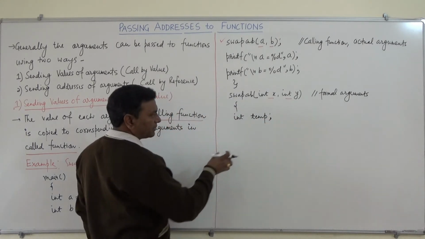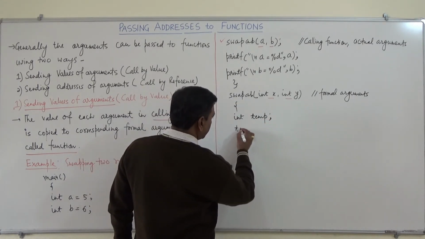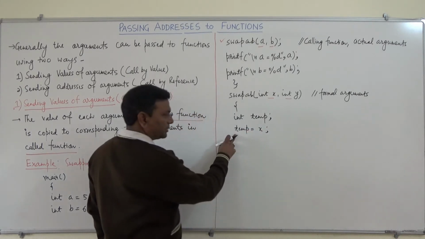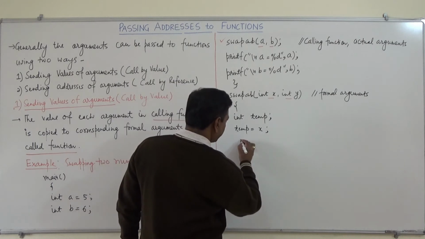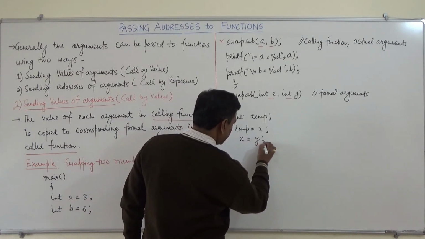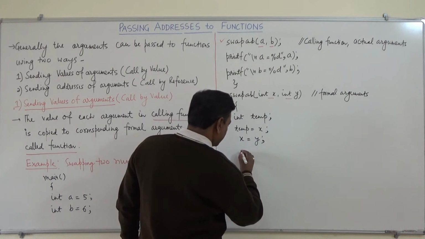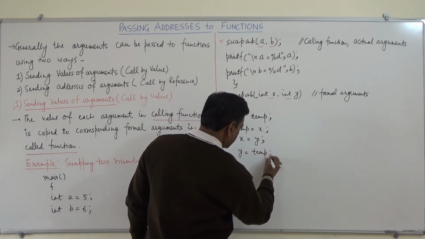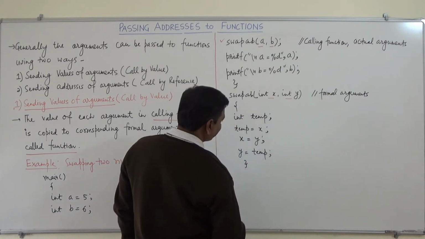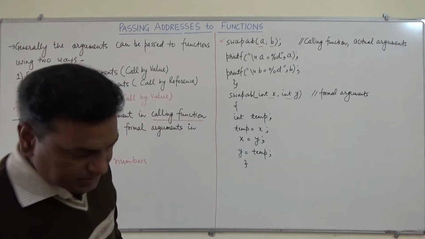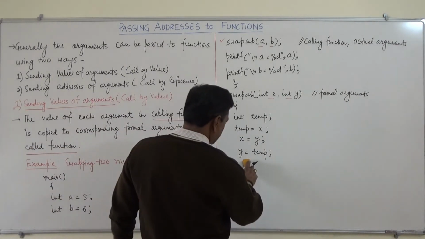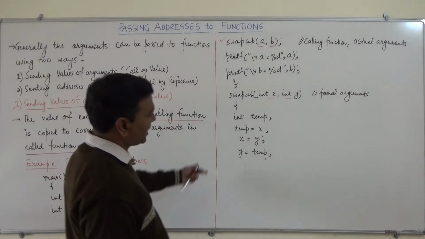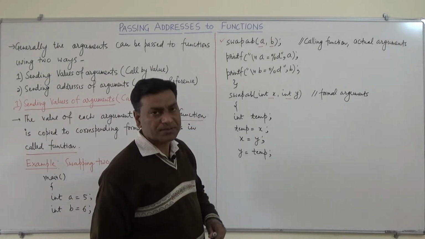The value of x is stored in this temp, the value of y is stored in x, and the value of temp is stored in this y. So in this way, by using this simple logic, we can swap these two numbers.